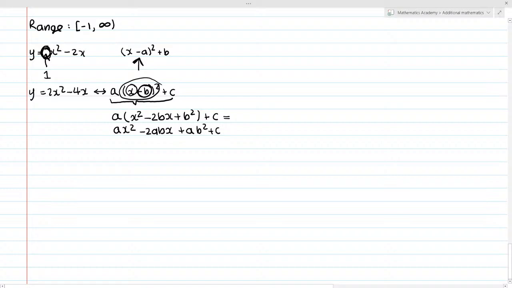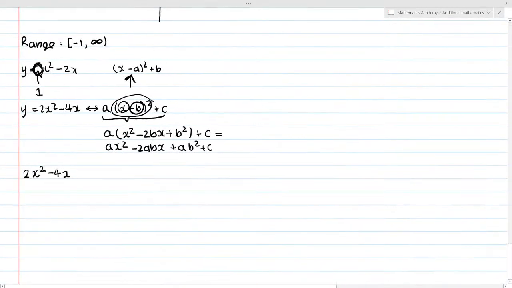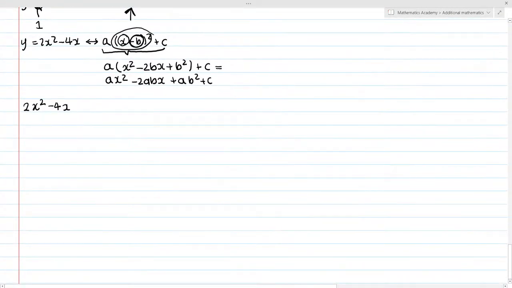And now this looks way too complicated. And so in fact, you might feel like it's better not to use this method, and I would agree. The better method to use is to do it directly. So you start with the curve that you have, which is 2x squared minus 4x, and then you force it to have an x squared coefficient of 1 exactly. What that means is you pull out the 2, so that you have x squared minus 2x.